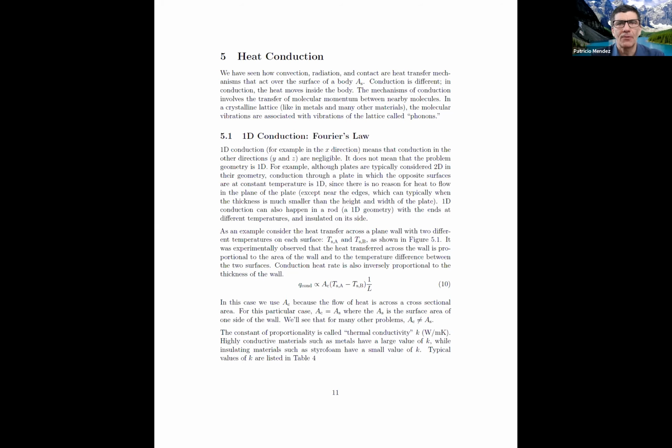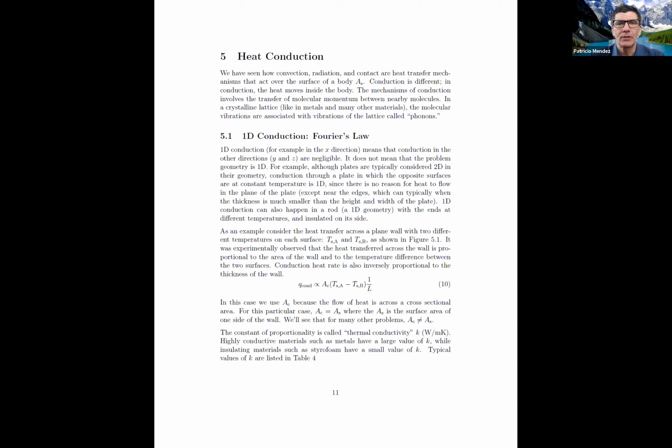The physics are very different, but the mathematical expression ended up looking very, very similar. Although the expressions looked similar, the trick was that in convection, h is more or less constant with temperature, but in radiation, h varies quite a bit with temperature.